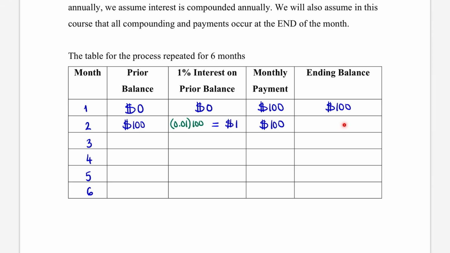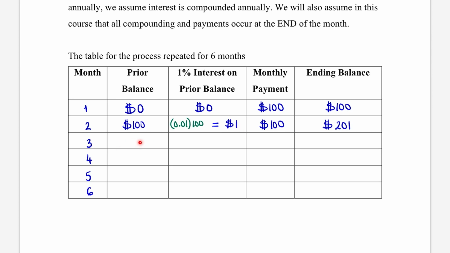How much do I have in total? 100 plus 1 plus 100, that is 201. At the end of the second month, I have a total of $201 in my account, where $200 are my contribution and $1 is my interest.